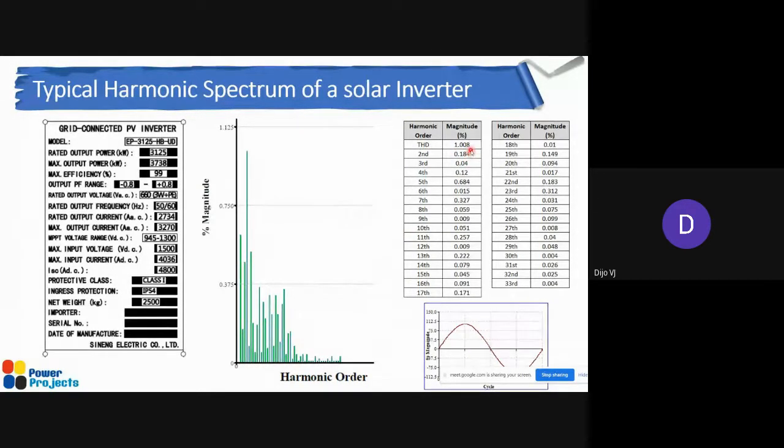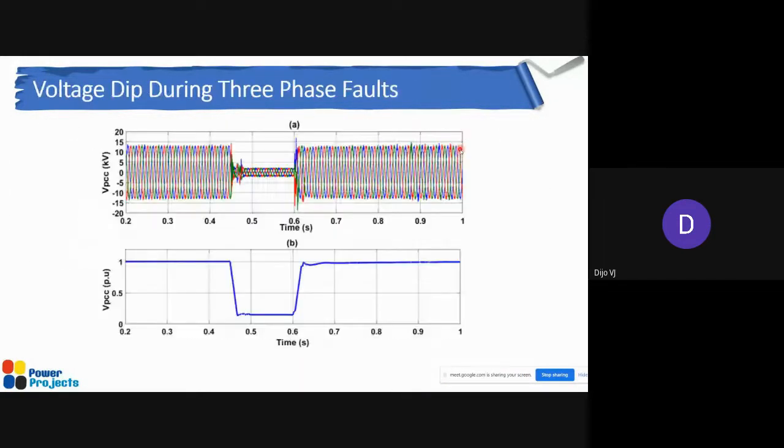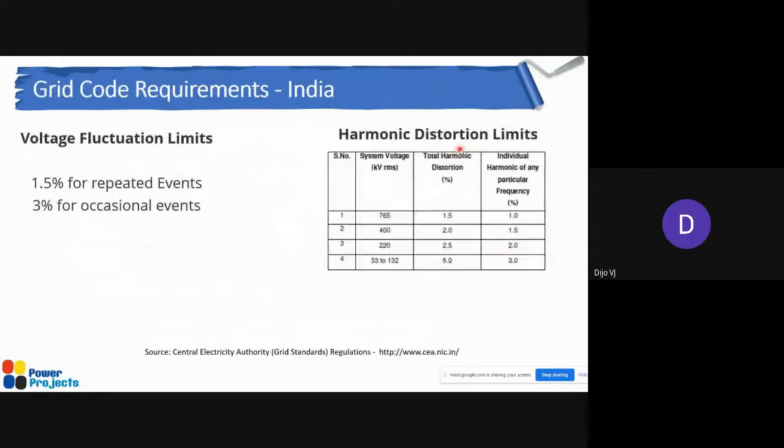Okay, we can say that, when we saw the harmonic THD to be limited in the system, a few slides back we have seen that. Yeah, it is here, 1% at 765 kV. But when it comes to 33 kV and below, it is probably 5% THD.